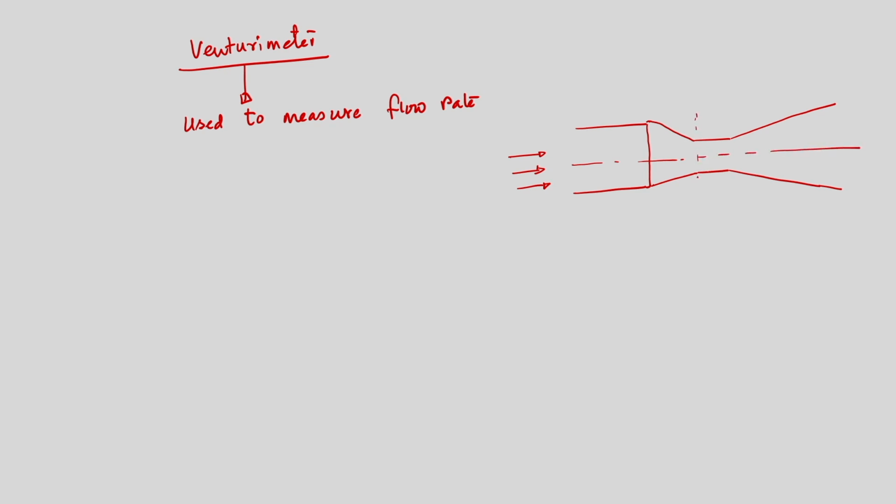There are 3 different parts that are clearly seen from the schematic. This is the throat, and there is a convergent part and a divergent part, and this is the pipe diameter D. This is the flow direction. So, this is the divergent part and this is the convergent part.